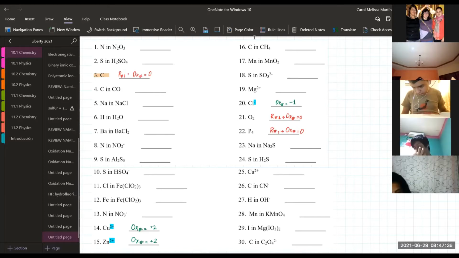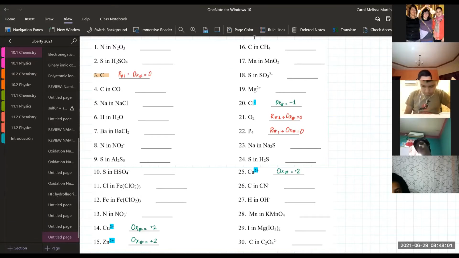We say they are uncombined, so the charge is 0. And if you are thinking about number 25, Ca2+, in that case, the oxidation number is going to be what? +2. +2, okay?